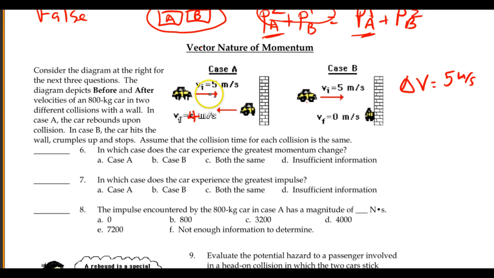No, no, no. Okay. This one, if we take to the right positive and to the left negative, this velocity is positive 5 meters per second. This velocity is negative 4 meters per second.